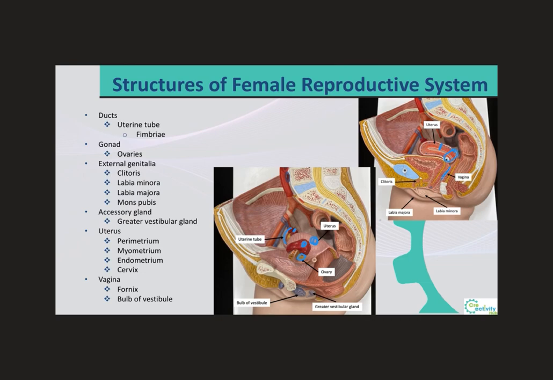The external opening of the vagina is going to be surrounded by an erectile tissue known as the bulb of the vestibule, and by the female external genitalia, which includes the clitoris, the labia minora, the labia majora, and the mons pubis. In addition, just like in males, females will also have an accessory gland that will secrete substances that help mainly during intercourse, and an example would be the greater vestibular gland.